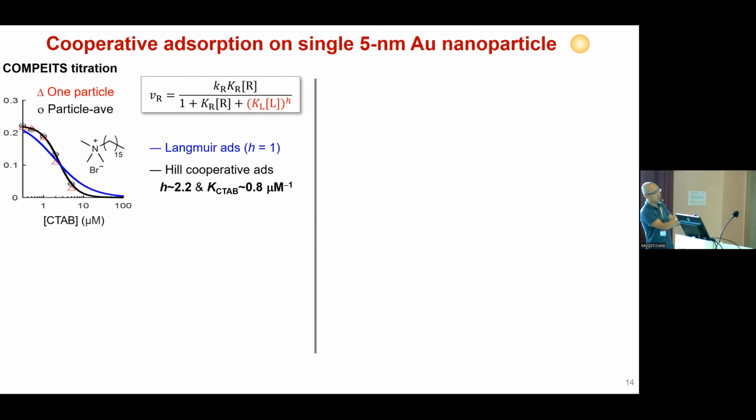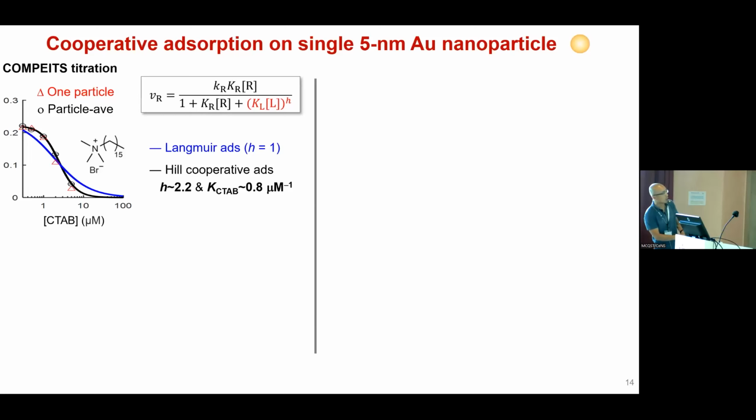Now, if you fit this data using this equation, where this is a competing term, if you set h equals 1, which is the Langmuir adsorption, the blue curve actually doesn't fit the data. In order to fit the data satisfactorily, which is the black, the h has to be about 2, which gives you a Hill coefficient of 2, which is bigger than 1, which means positive cooperativity. Obviously, we can immediately extract out the adsorption equilibrium constant of C-type here.